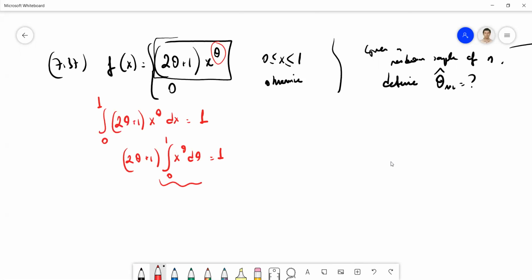Note that I'm just improvising. So this is going to be x raised to the power, oh, this is difficult. When it's 2, what do we do? We increase the power by 1 and we divide. It's going to be like this, 0 and 1.